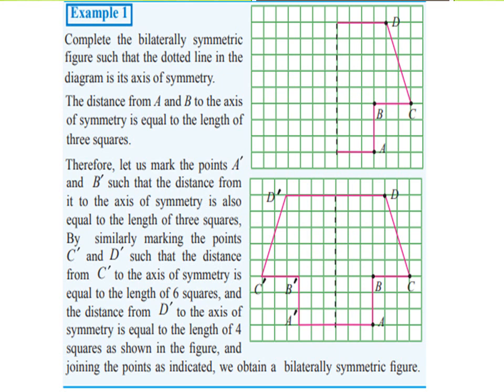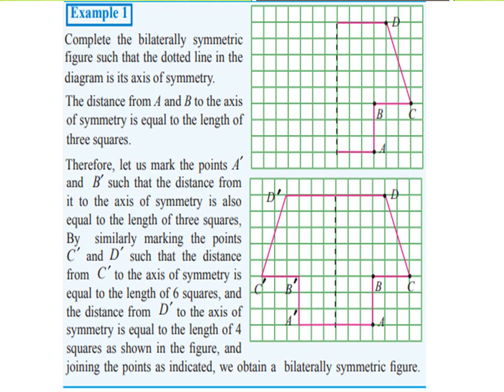So, this is example number 1. You can just keep a dotted line as in this diagram, and after 4 dots you can keep a dot and mark the point as D. It is a vertex.